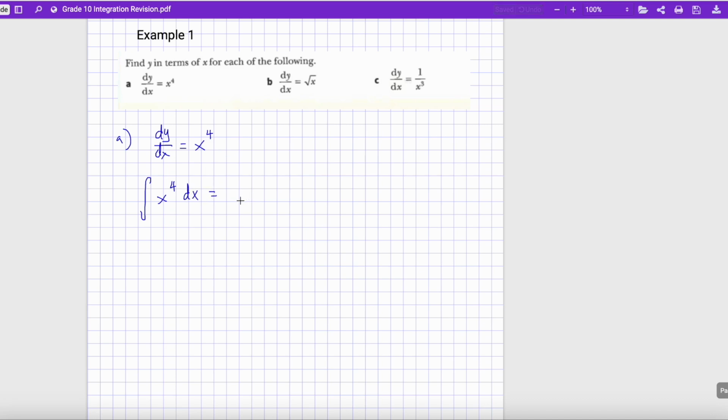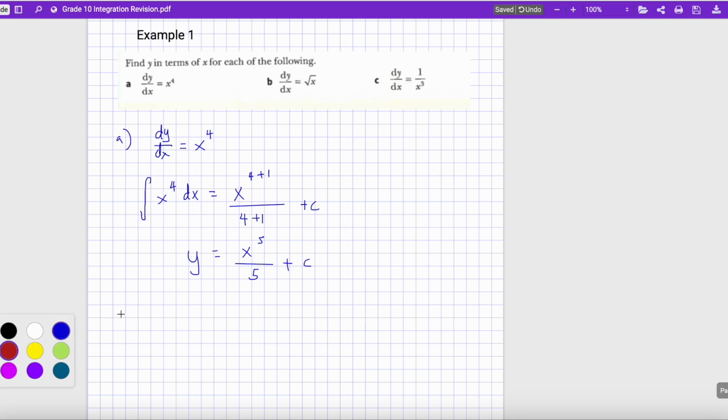What we get is x^(4+1) over the new power, which is 4 plus 1, plus c. Cleaning this up a bit, we have x^5 over 5 plus c. That is our y, because we are getting from our gradient function to our equation.